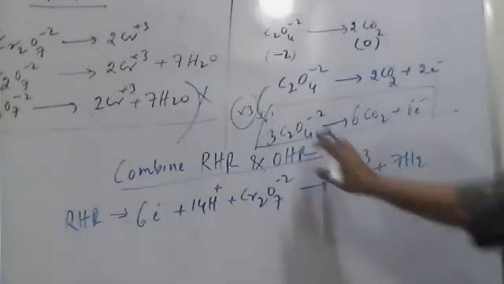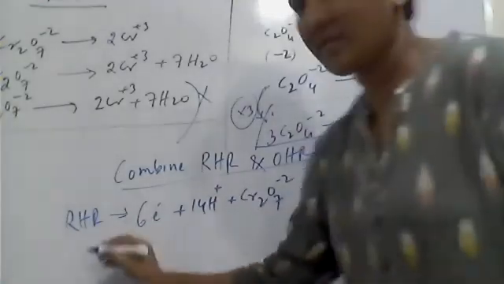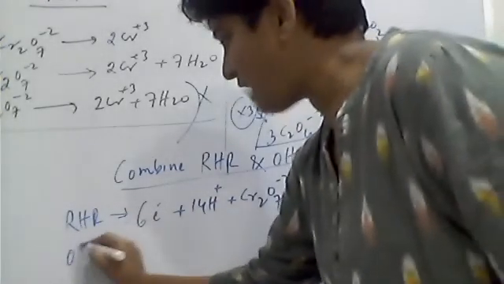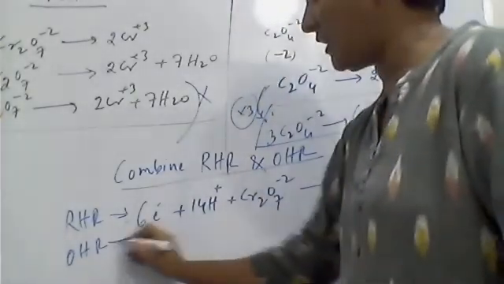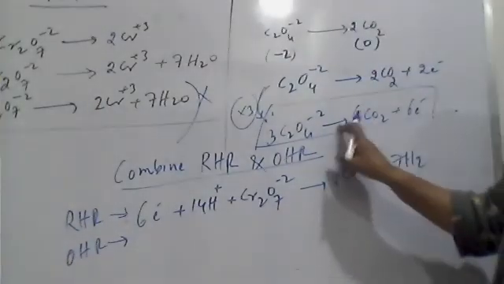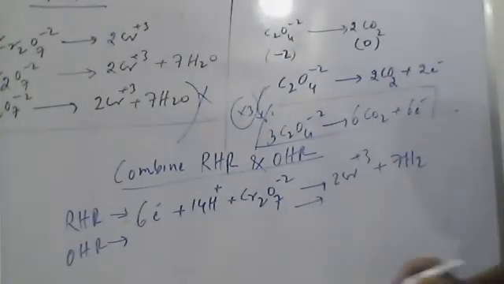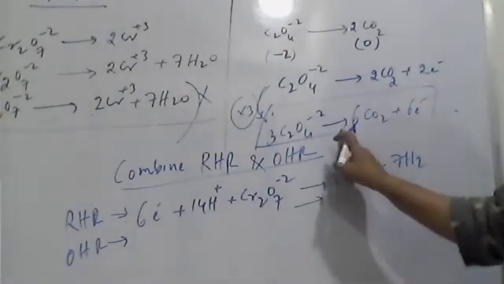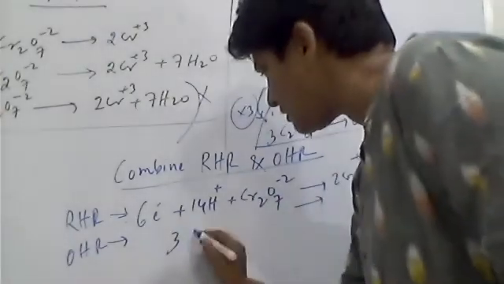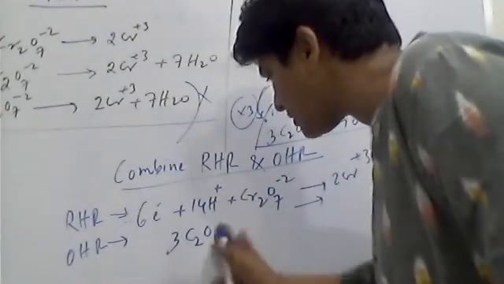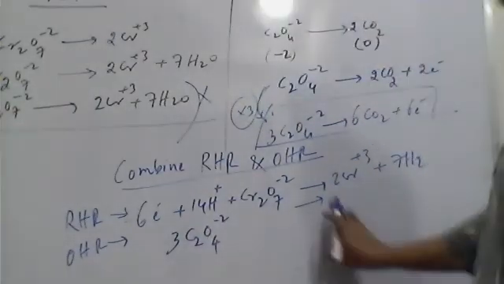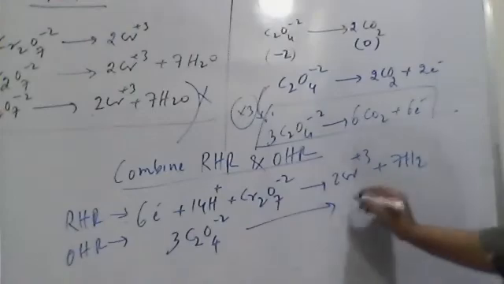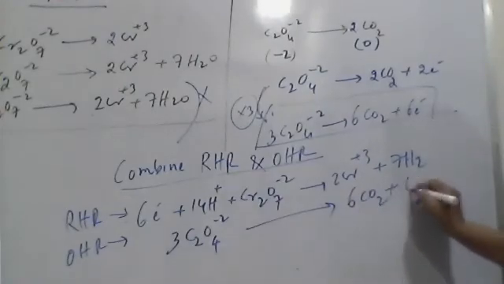Then below this, I'm writing the oxidation half reaction. While writing, please be careful. Put the arrow mark just below the above reaction, because it is easy to understand and easy to cancel. Before the arrow mark is 3 C2O4 2-, that is oxalate, which gives 6 CO2 plus 6 electrons.